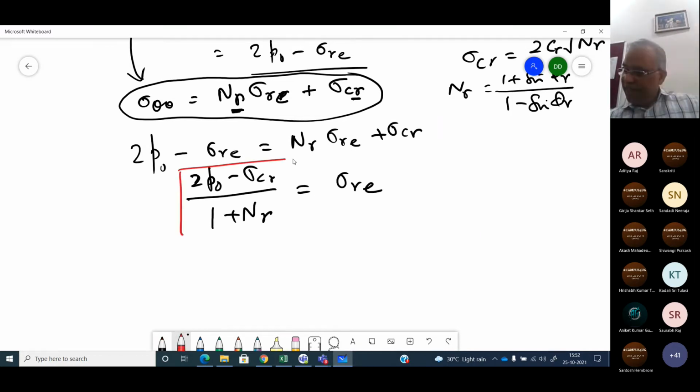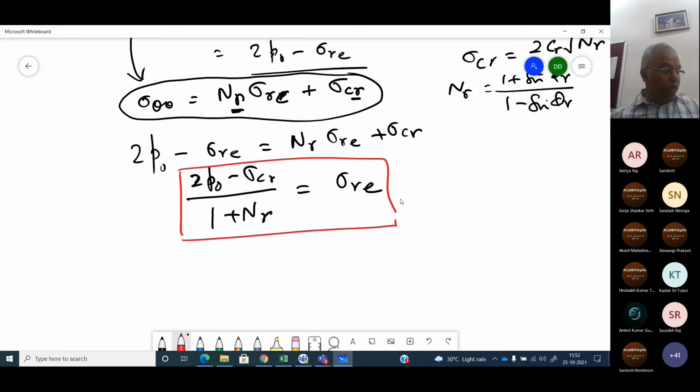This is a very important formula. Here sigma CR is the compressive strength of the rock.